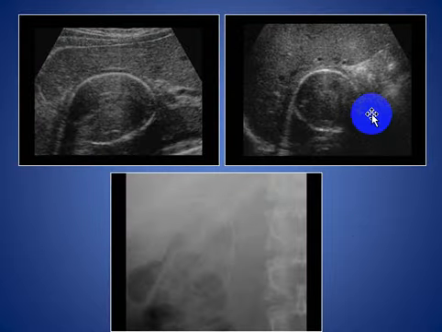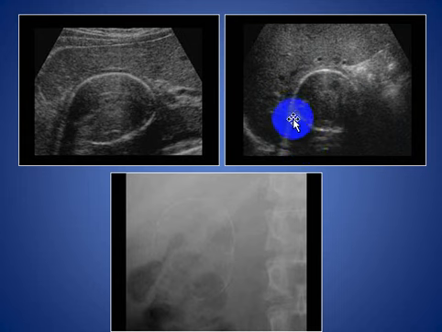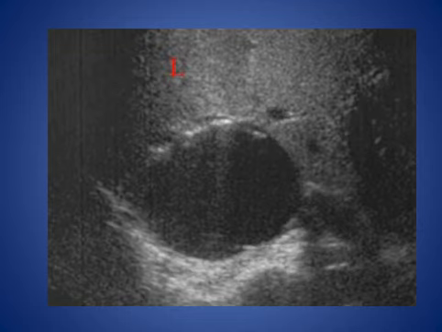Here we see a patient with curvilinear calcification in the region of the adrenal gland, and here is the plain film of this patient with curvilinear calcification, and here it is a calcified cyst. Here is another patient with curvilinear calcification involving the right adrenal gland with acoustic enhancement.